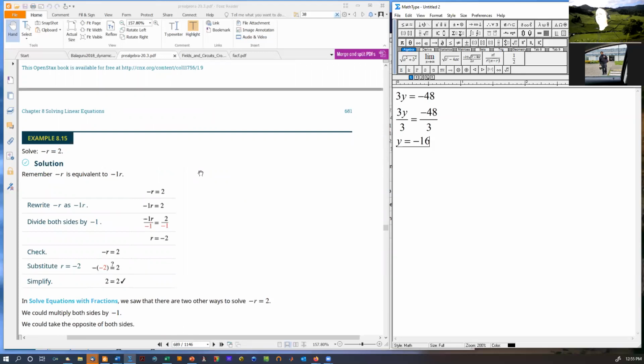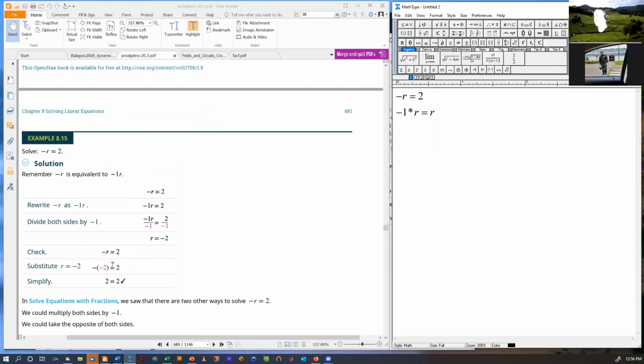So if you have this equation, working with negative signs, if you have negative r is equal to 2, you can remember that you can always write that as negative 1 times positive r is equal to 2, right?